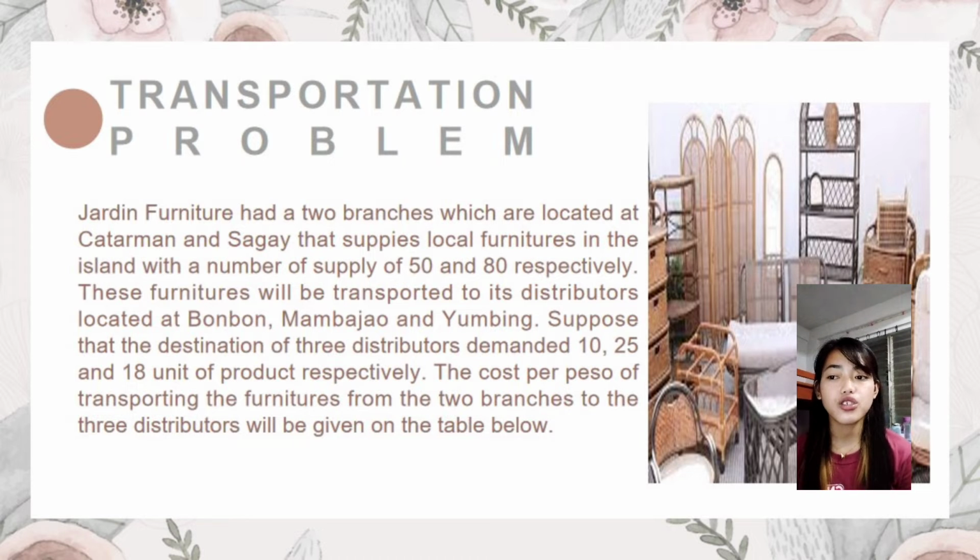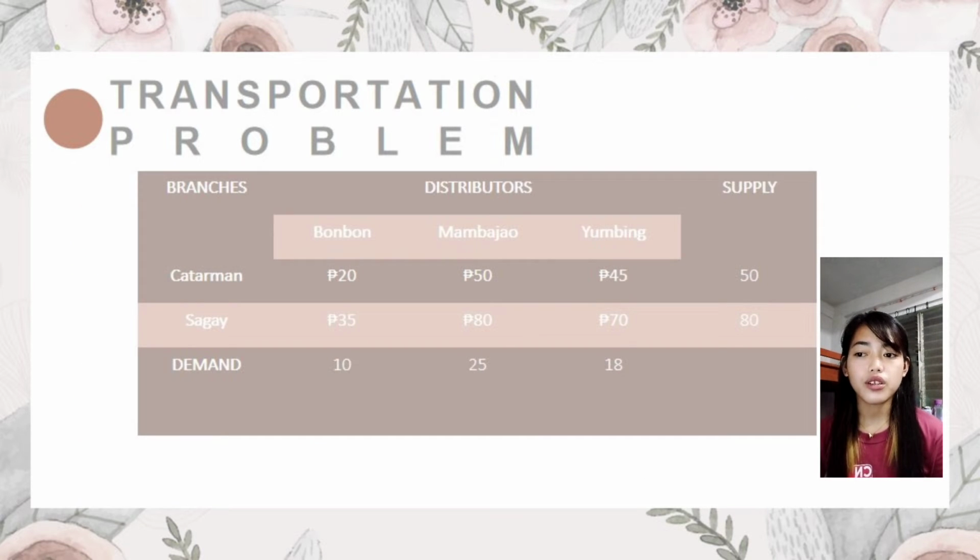Suppose that the three distributors demand 10, 25, and 18 units of products respectively. The cost per peso of transporting the furnitures from the two branches to the three distributors is given in the table. The table shows the cost of transportation from the branches to the distributors.